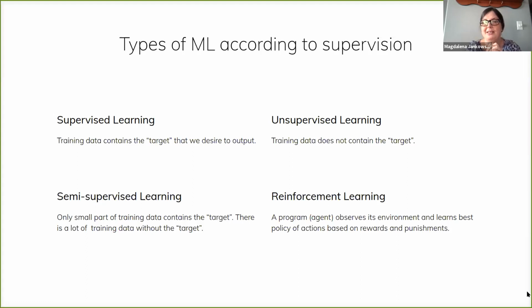Based on that, the program learns a good policy, which actions to select. I will now go through those types and give concrete examples to focus our attention.